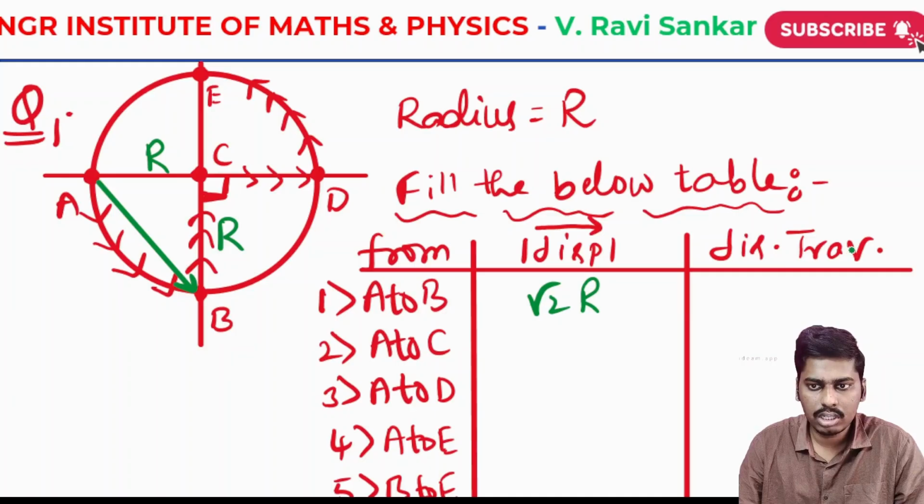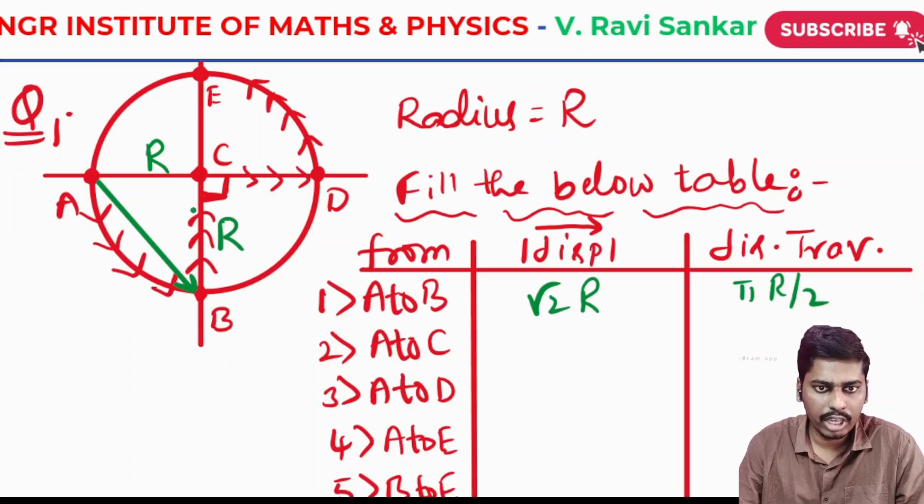The magnitude of displacement is root 2r, and the distance traveled is, since the total circumference of the circle is 2 pi r and it is equally distributed into 4 parts, 2 pi r by 4, which is pi r by 2. This is pi r by 2.